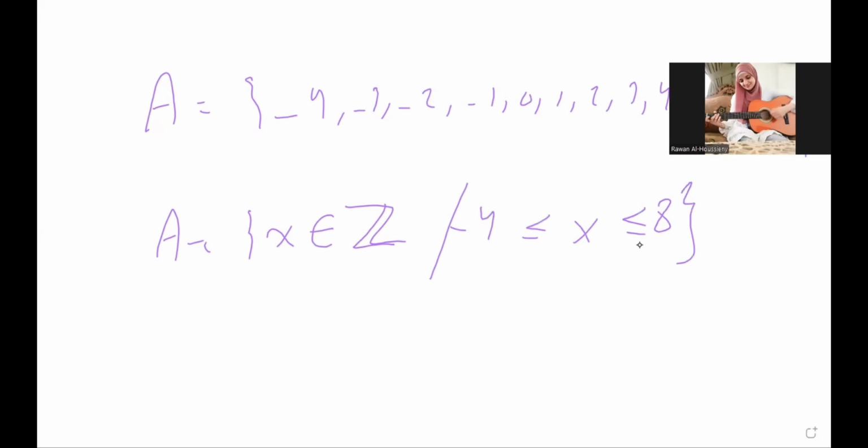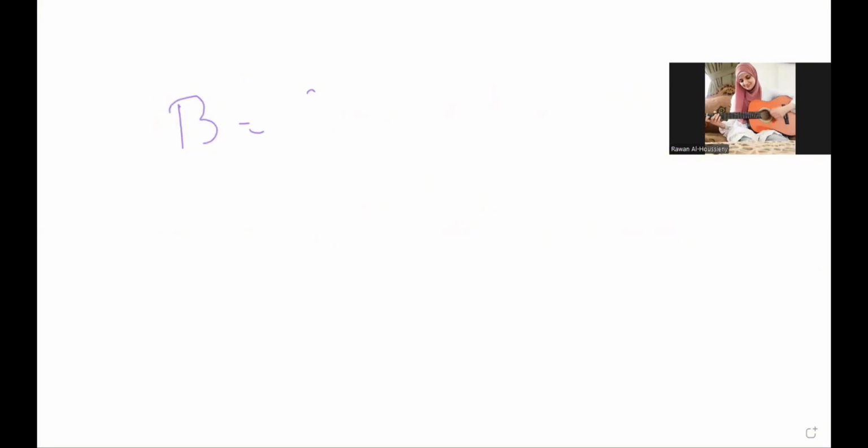Okay. The other example, B, is equal to 0, 3, 6, 9, 12, and 15. In this case, 0, 3, 6, 9, 12, 15, these numbers exist in the multiplication table of 3. So here they are multiples of 3.